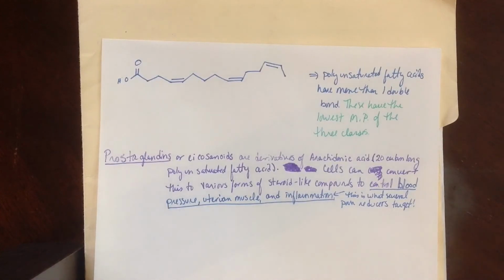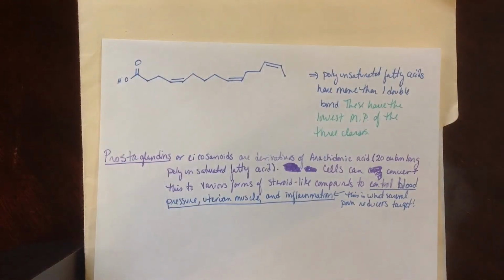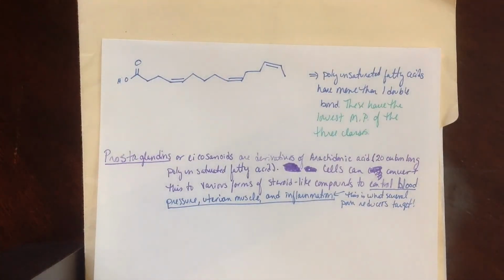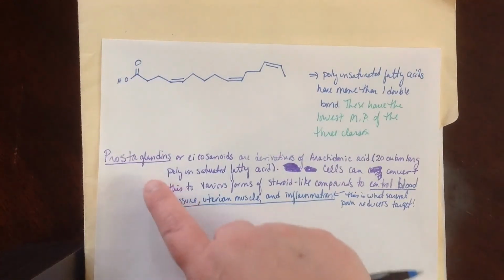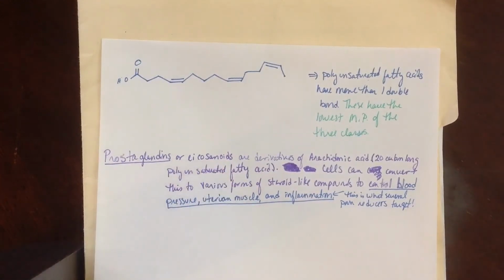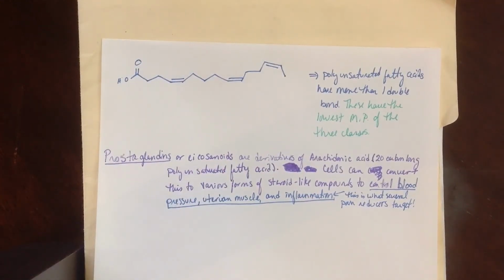Okay, there's another form of lipids called prostaglandins. These things are awesome. They're known as prostaglandins or eicosanoids, and they're derivatives of arachidonic acid. These things have really nice long chains, and they can fold in different ways. And when they fold or react in different ways, they become like signals to go do stuff, right?